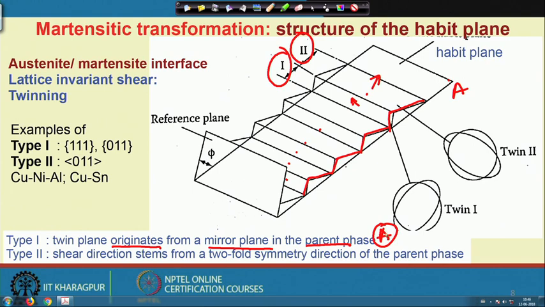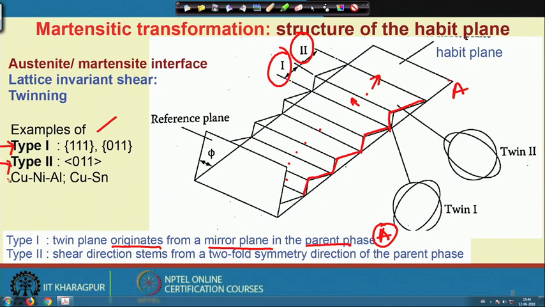So, it is important that twinning must be present, but the twin planes or the twin directions are different in the case of a type 1 twin or a type 2 twin.